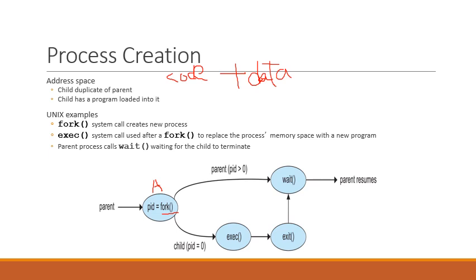So if this process B has been created as a result of this fork system call, then this process B is going to have a unique identifier, a process identifier that will be used to identify this process B. Now this identifier will be returned by the fork system call in the parent process, and it will be assigned to this instance PID.